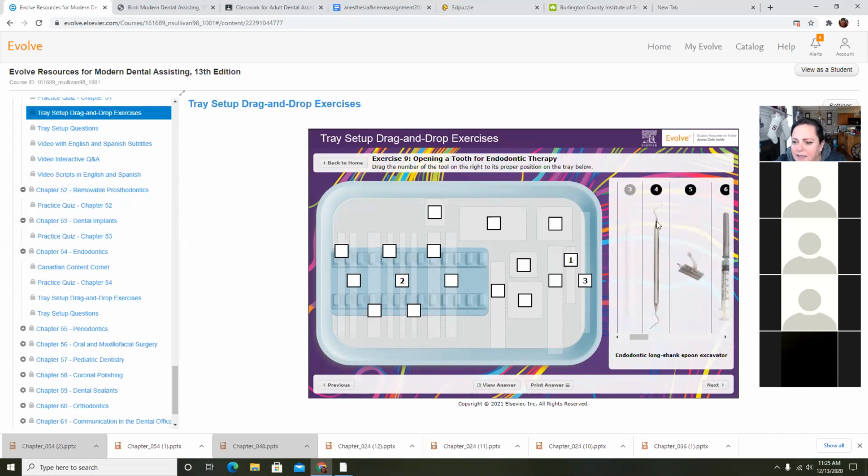Okay, this is an endodontic long shank spoon excavator. Why do we need the long shank on an endodontic spoon excavator? Why the long shank? And what is a shank?